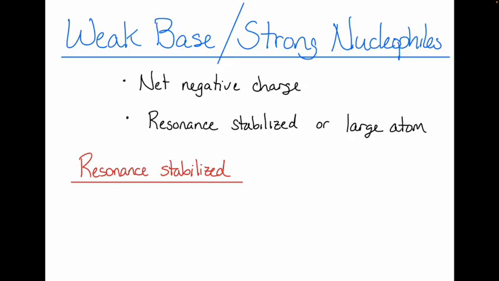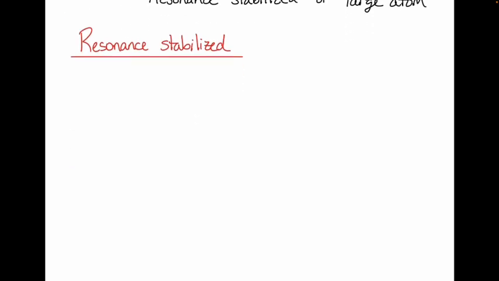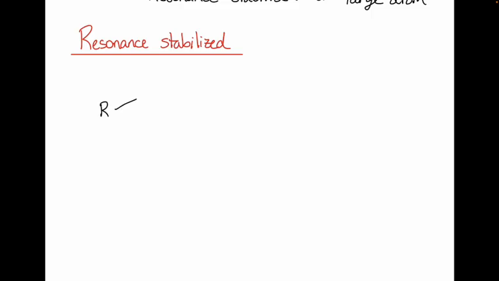All right, again, we need this net negative charge. One good example will be a carboxylate ion, a deprotonated carboxylic acid. Carboxylic acids have relatively low pKa's because their conjugate bases are nice and stabilized through resonance, right?